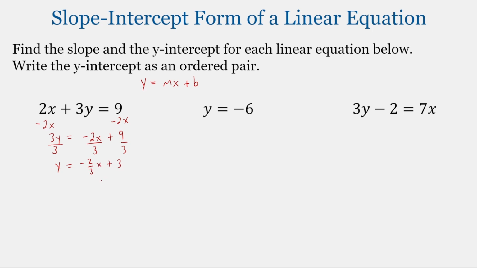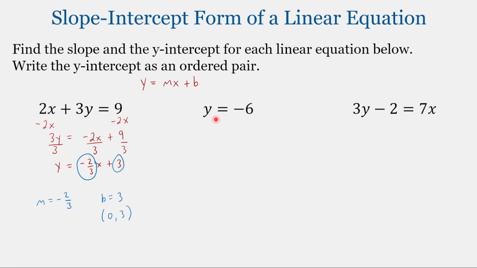So now we're in slope-intercept form. So our slope is equal to negative 2/3. And then b, our y-intercept, is equal to 3. And writing that as an ordered pair, we get (0, 3).